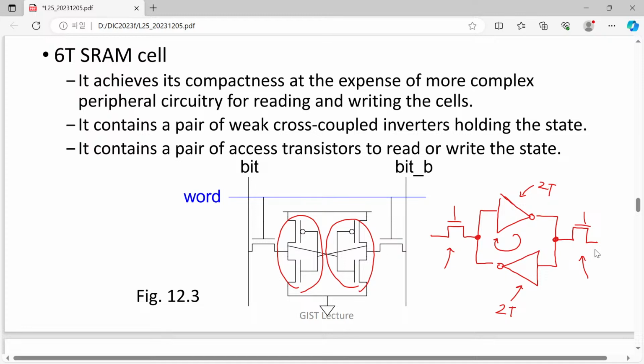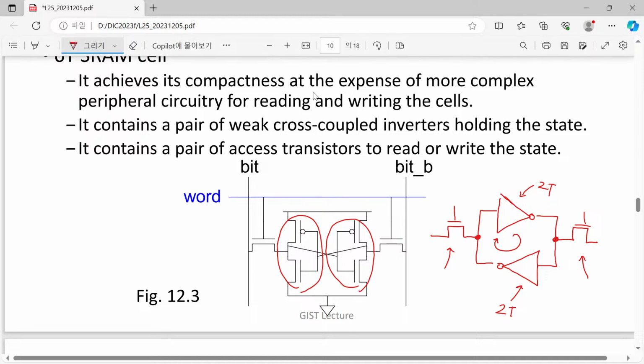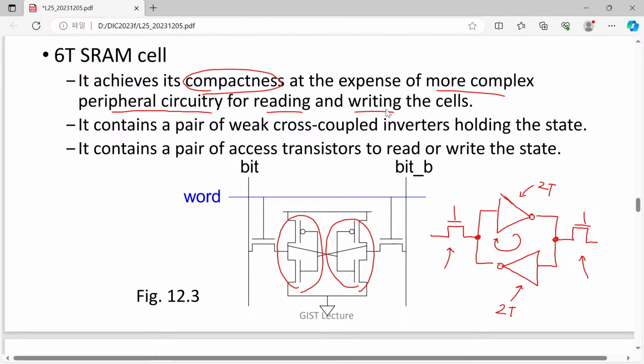Yes, so compared to the flip-flops, its memory efficiency is quite good. Then how can you achieve this compactness? It is important to understand that we have to introduce more complex peripheral circuitry for reading and writing the cell. Please note that in the case of a flip-flop, you can just provide the write and anytime you can write it.